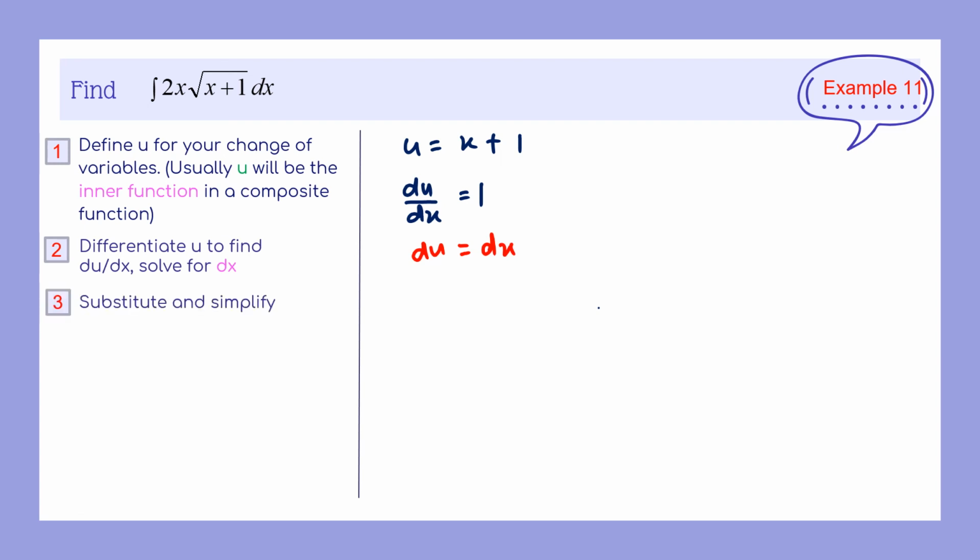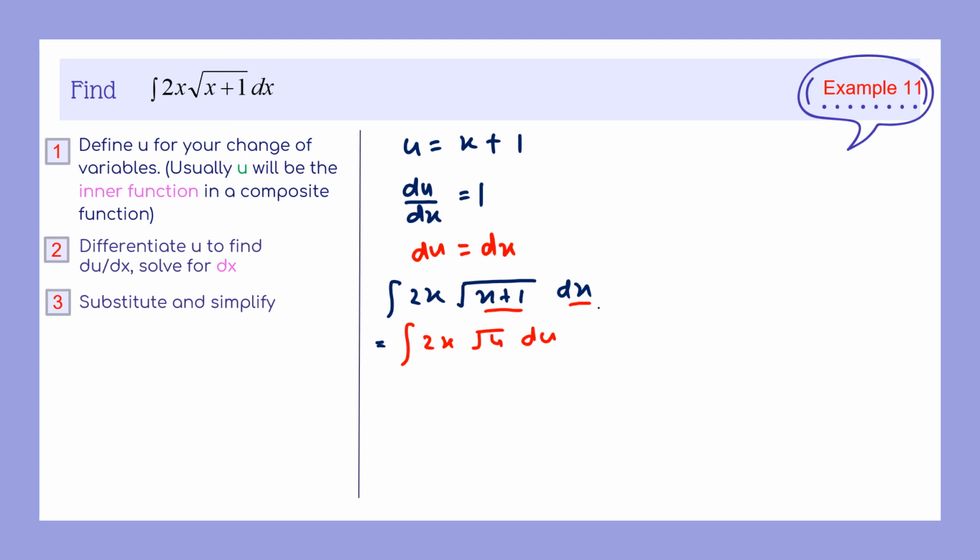So we substitute, integrate 2x sub x plus 1 dx. So then we substitute, sub x plus 1 is u, dx is du. So integrate 2x sub u du.